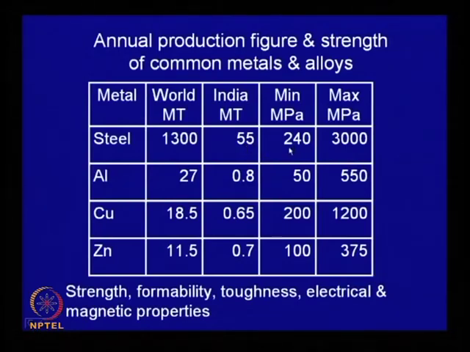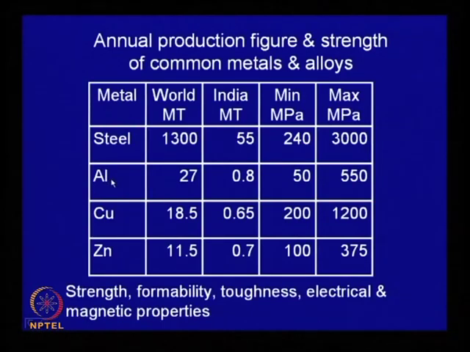And this figure shows how we can alter the properties of steel. It has a minimum strength of 240 MPa. By controlling processing techniques and heat treatments, you can reach a strength level several times higher than this, around 10 times or so. The same is true of aluminum.